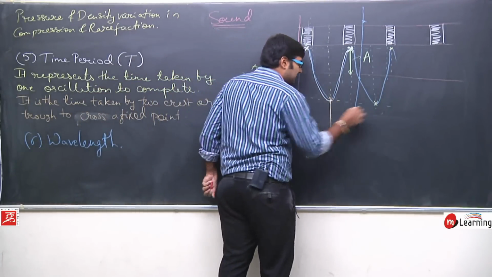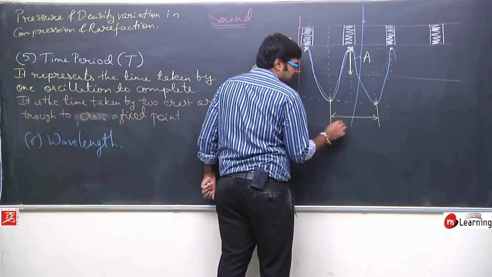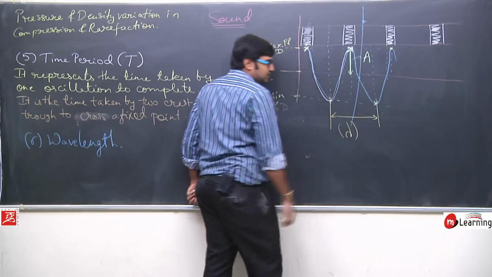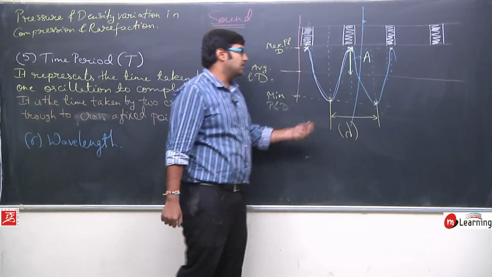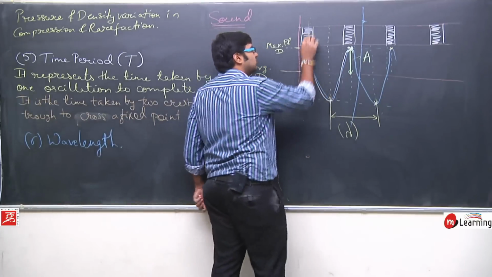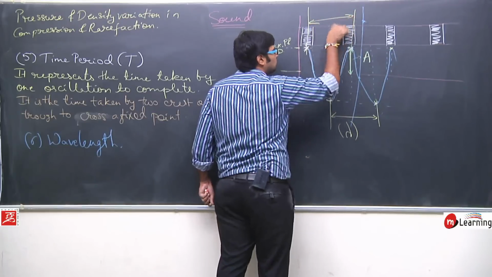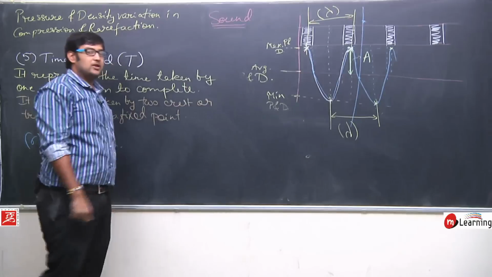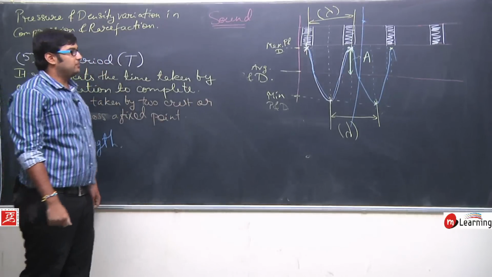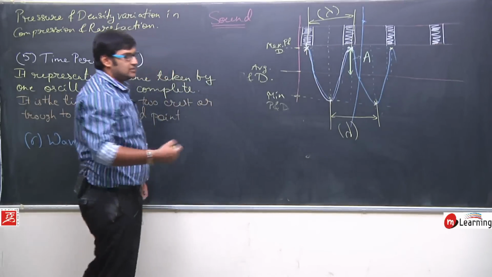You can see the distance between the two troughs will represent the wavelength, and wavelength is represented by lambda. Similarly here also the distance between two crests or two troughs is represented by lambda, known as the wavelength.